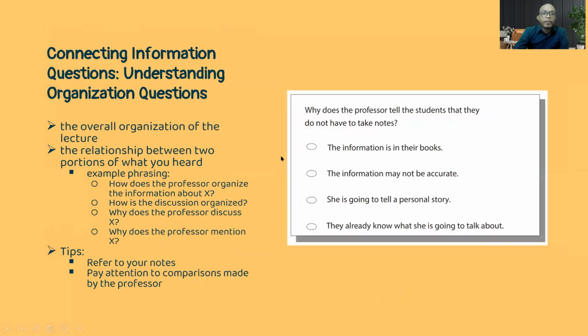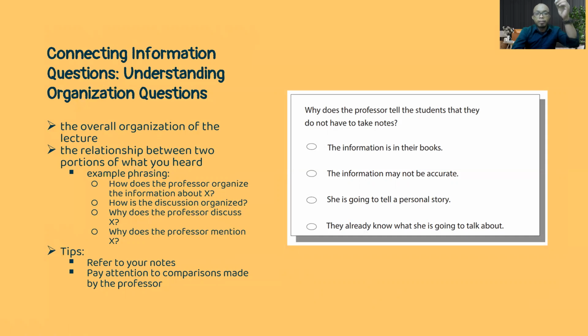Okay, moving on to the understanding organization questions. So here it will be asking about how the professor in the lecture usually organizes their lecture.